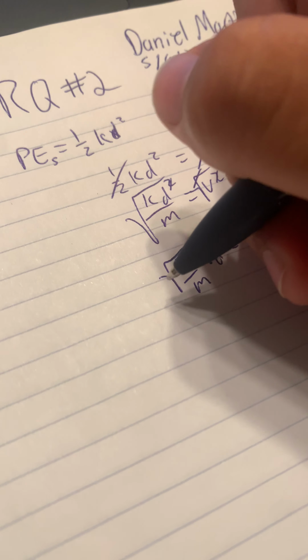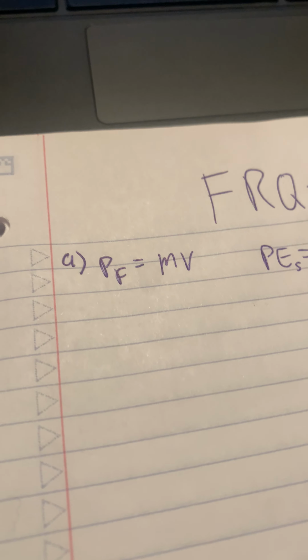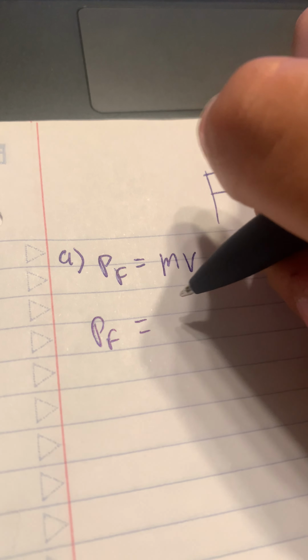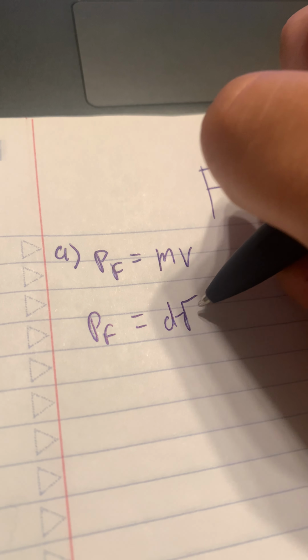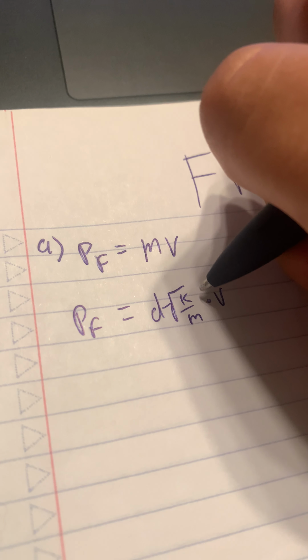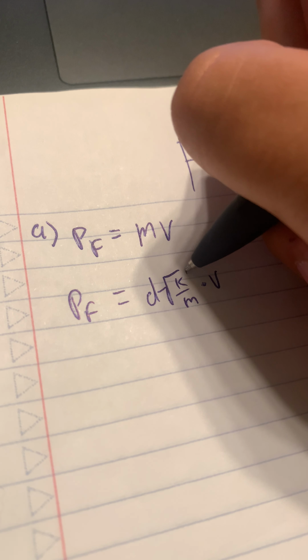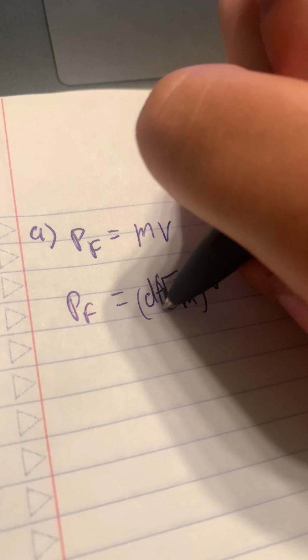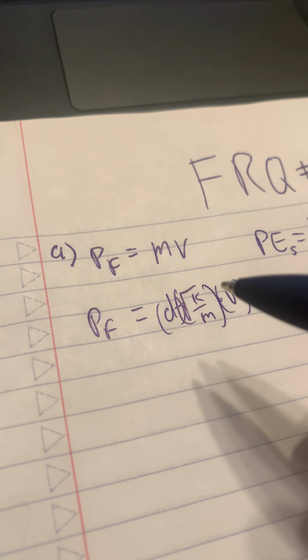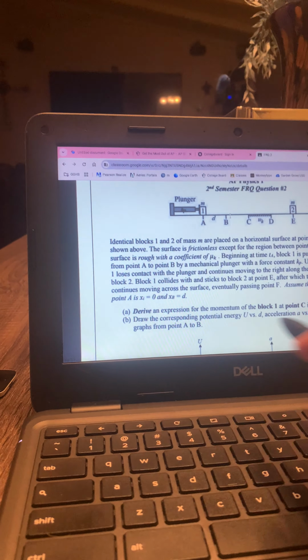So we get that the square root of k over m times d is equal to v. And then we can plug that into our momentum equation. So we get m times d times the square root of k over m, which is our expression for momentum.